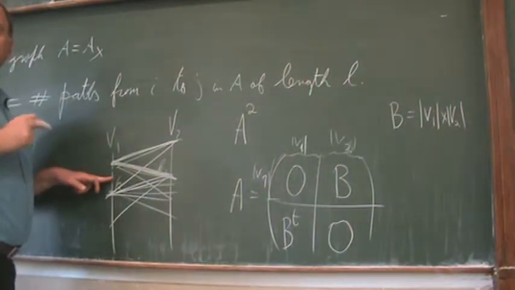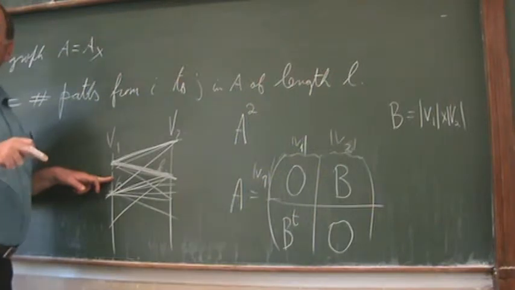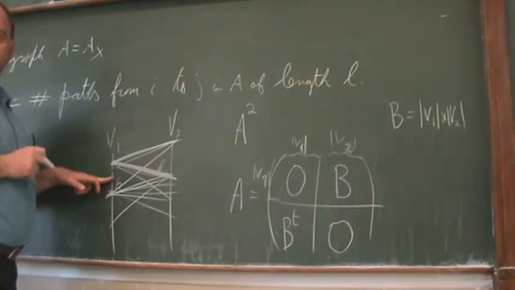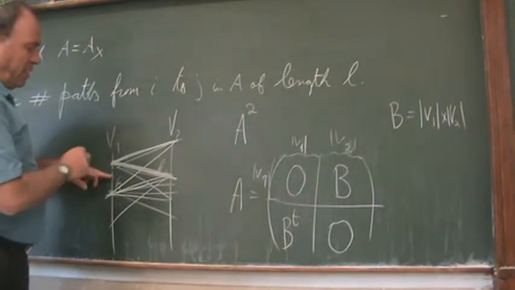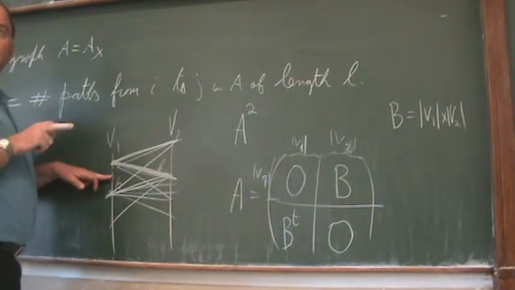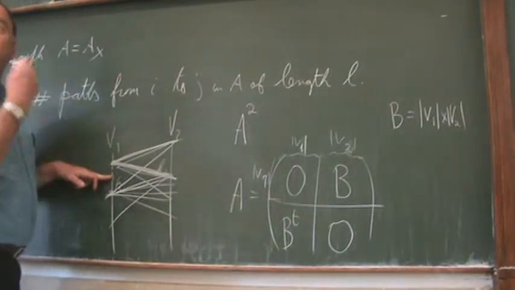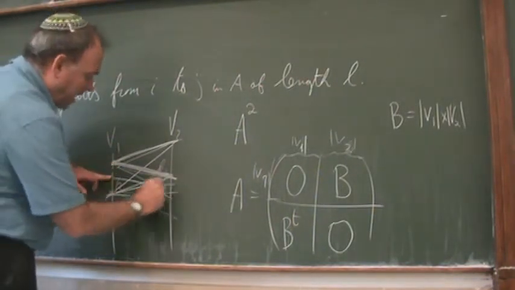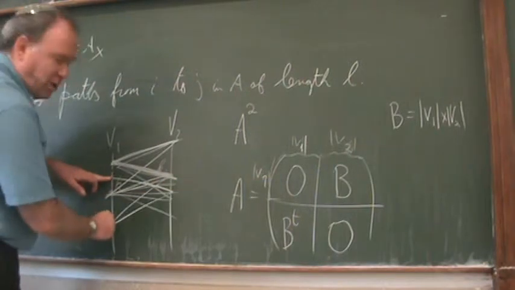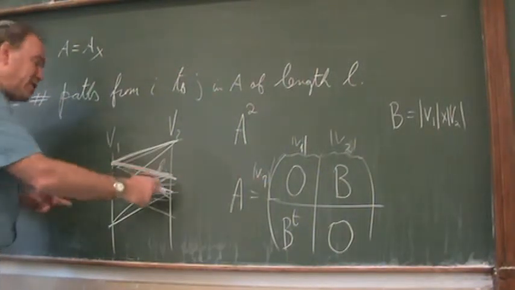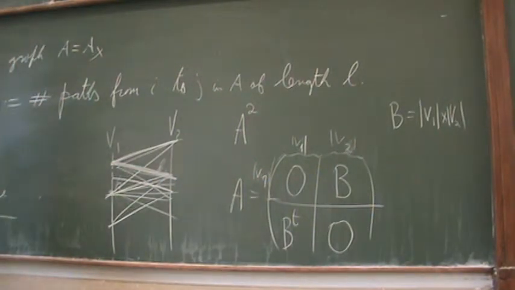What are its neighbors? All the elements you can reach in 2 steps. How many elements can I reach from this point in 2 steps in the original graph? I have k1 to this side and then k2 to the other side, and this includes coming back to itself.